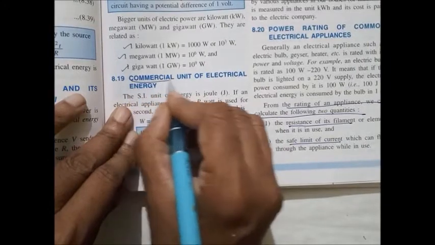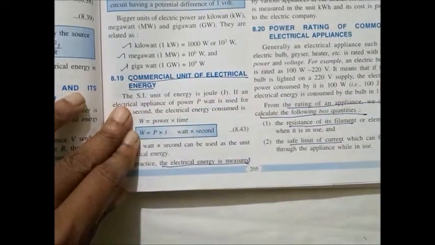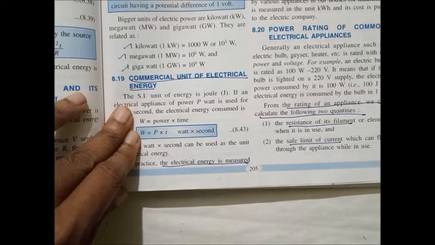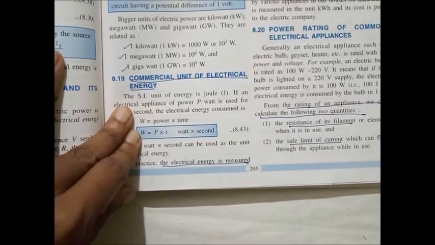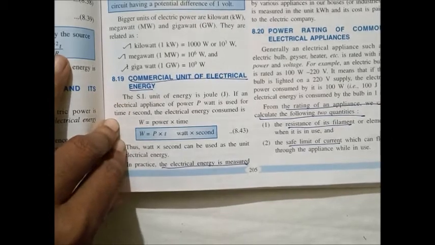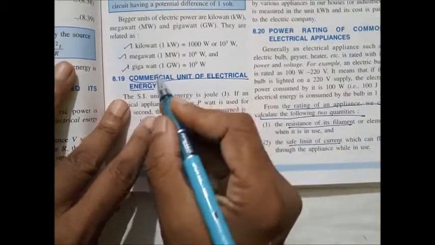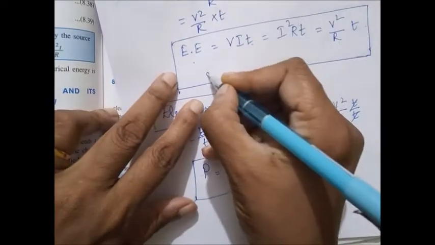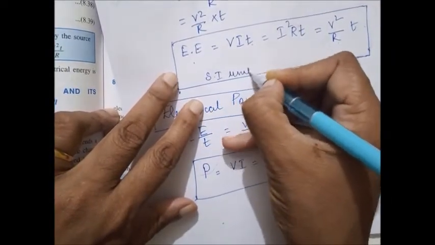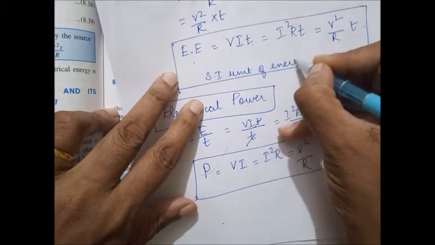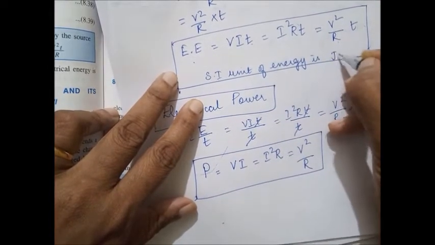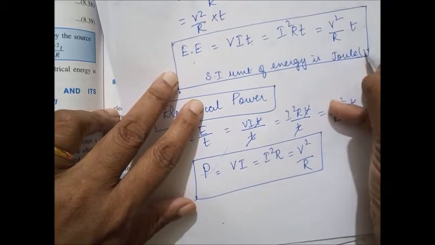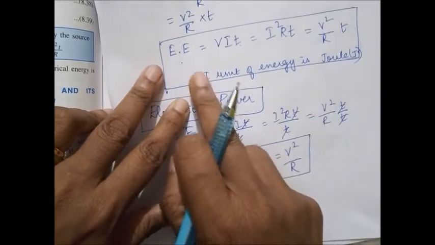Now come to the next main topic, commercial unit of electrical energy. Commercial means for business purposes, for calculating electricity bills and all. Here we saw the SI unit of energy is joule. But they won't use this unit to calculate electrical energy practically. Joule is a very small unit.